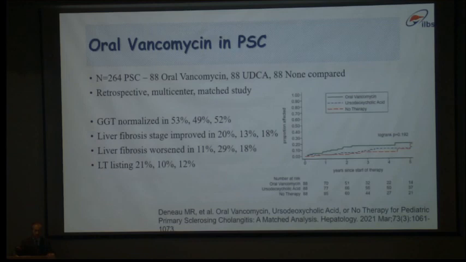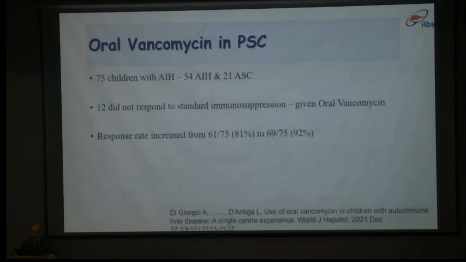So next is oral vancomycin. This is a retrospective, propensity score matched study in the pediatric population with 3 groups: oral vancomycin, UDCA, and neither vancomycin nor UDCA. The outcomes were comparable in terms of GGT, fibrosis stage, or need for liver transplantation.